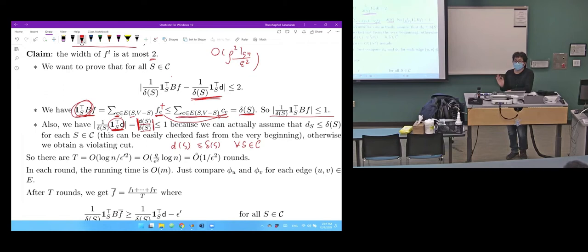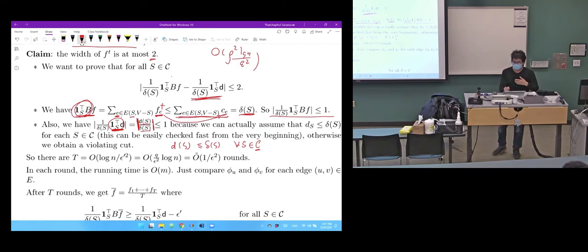Why can we assume this? If this is not true even from the beginning, we don't even need to do anything. It gives you the violating cut already.